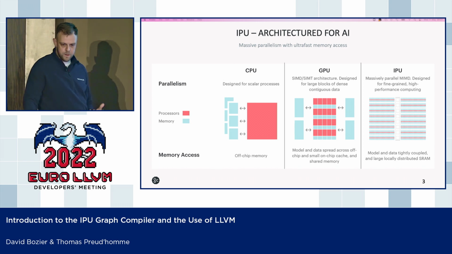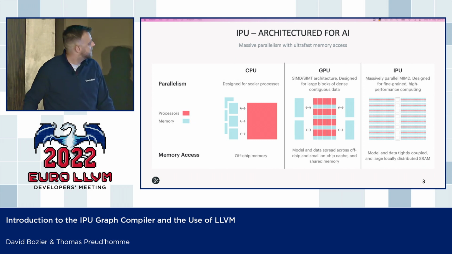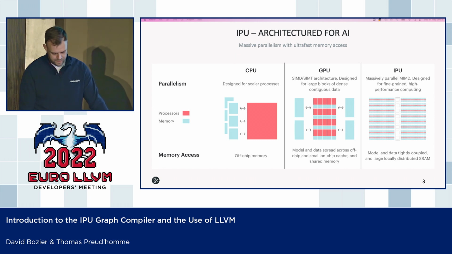One thing to note, our IPU is massively parallel, multiple instructions, multiple data. It has ultra-high, ultra-fast memory access and uses a bulk synchronous parallel execution model, which I'll go into a bit more detail later.